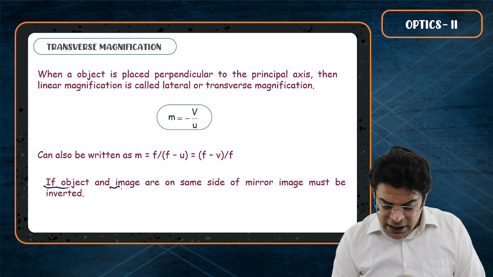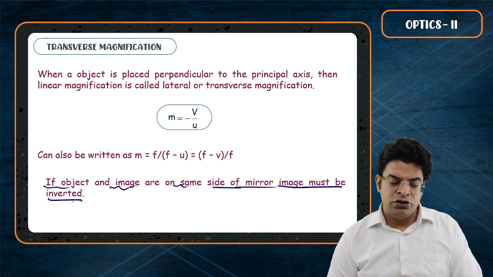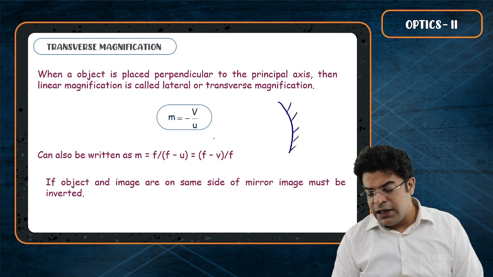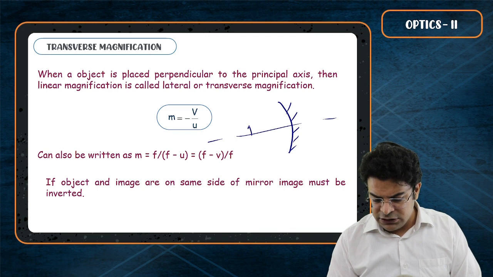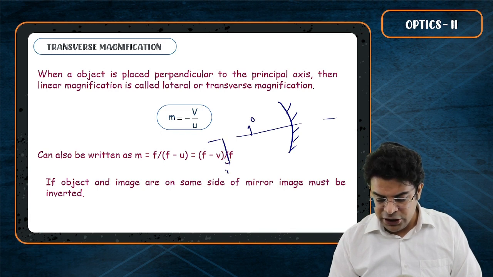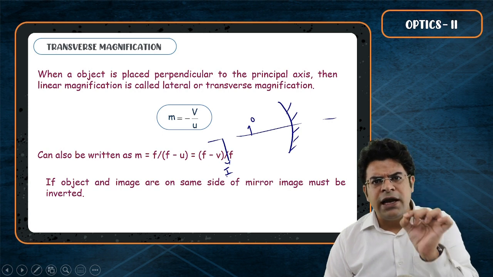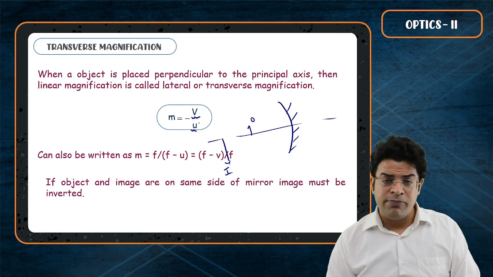If the object and image are on same side of mirror, image must be inverted. So how can you say that? See kids, if the object and image are on the same side of mirror, then let's say this is your object and this is your image. If the object and image are on same side of mirror, this means that the sign of u and v will be same.